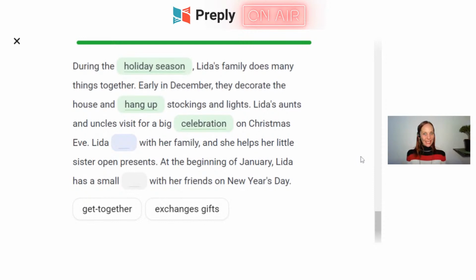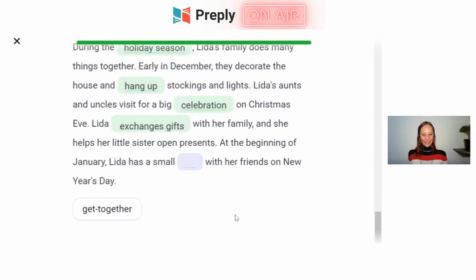Which is the one we can use that also matches up with presents? You've got it. Exchanges gifts. So Leader exchanges gifts with her family, and she helps her little sister open presents.